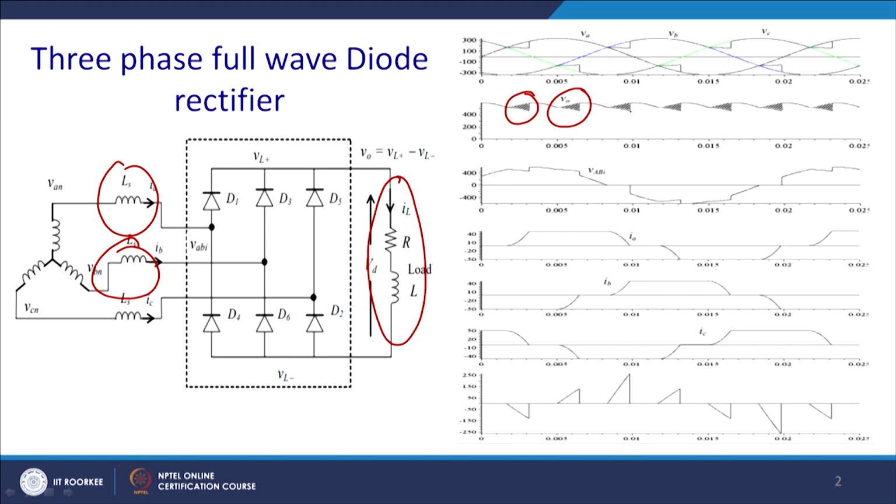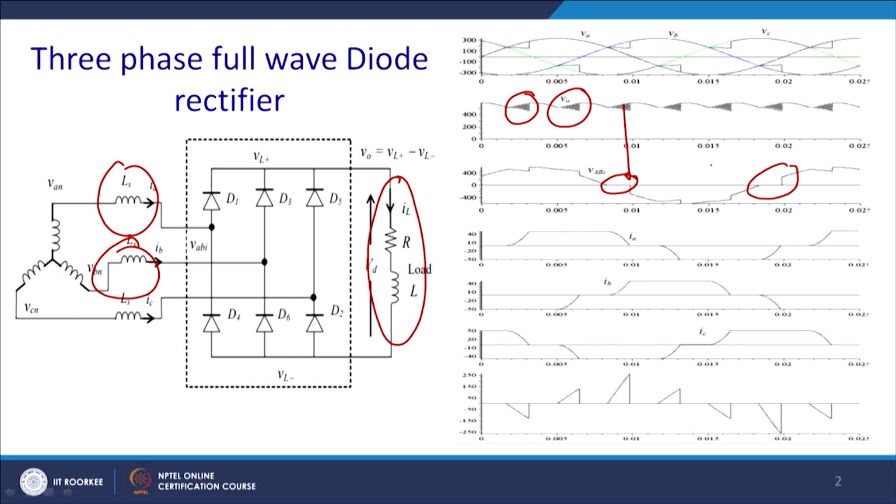So, what will happen due to these conductions? At some point of time, let us say in this area where phase AB goes negative, you do not get any voltage. The same will happen when the conduction changes.